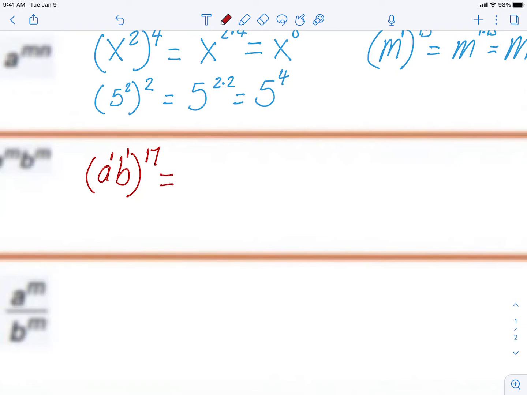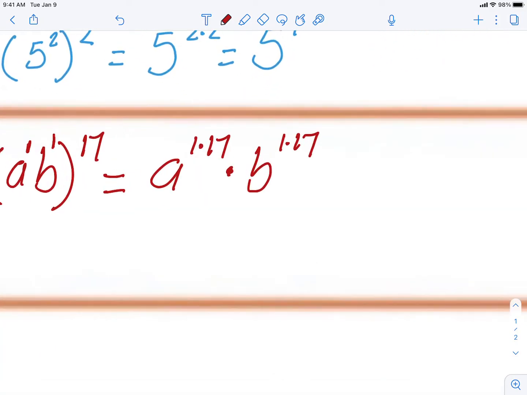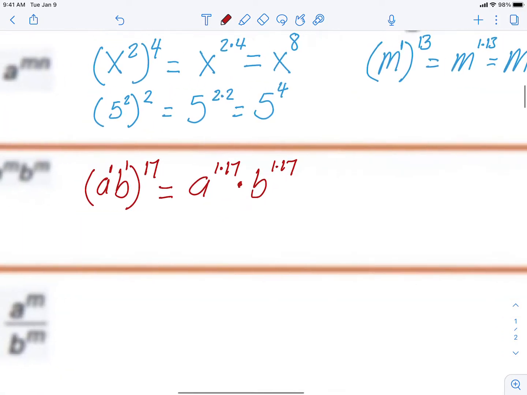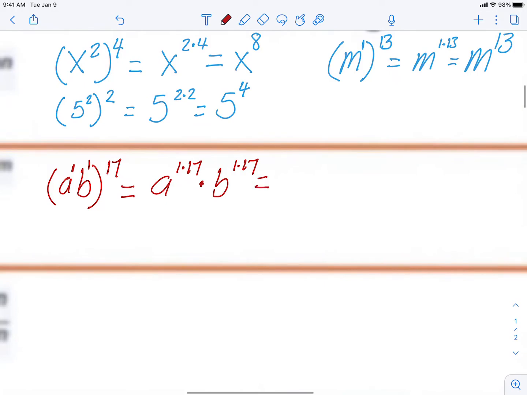So this equals a to the power of 1 times 17, times b to the power of 1 times 17. So a to the power of 1 times 17 is 17, and b to the power of 1 times 17 is 17 as well.